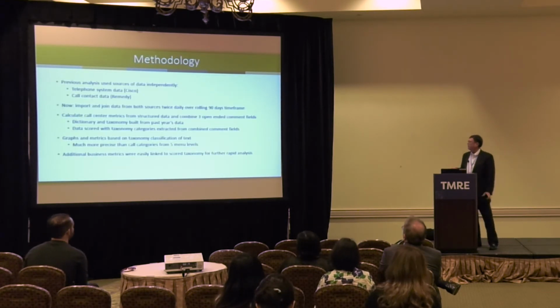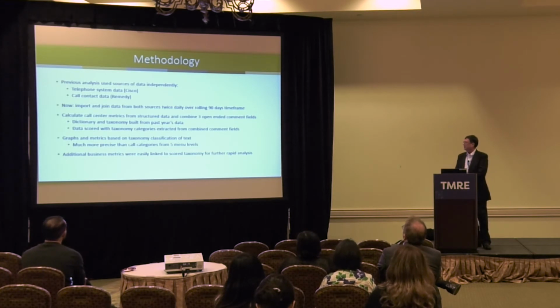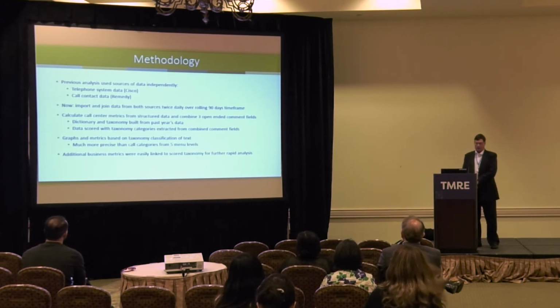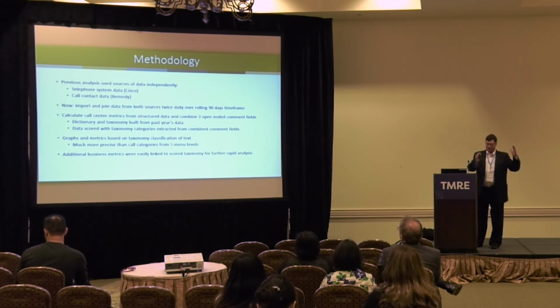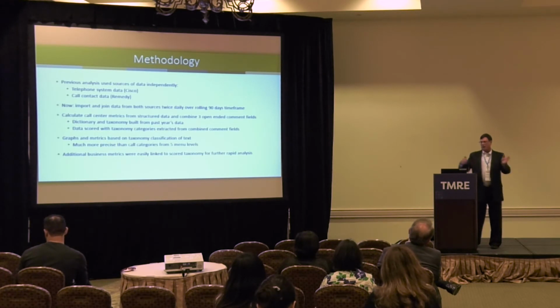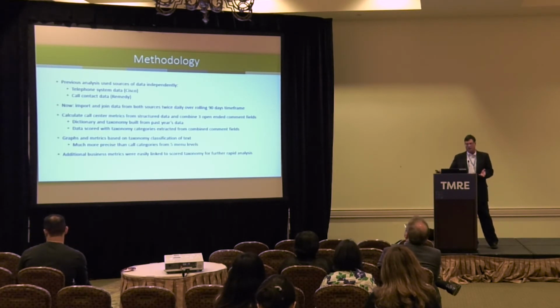So the legacy analysis recorded all the responses in a database called Remedy. You're probably familiar with it. That's where all the data was stored. We also had phone logs in a Cisco database, but these were not joined together.